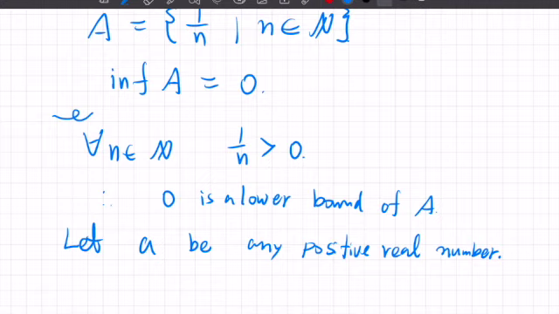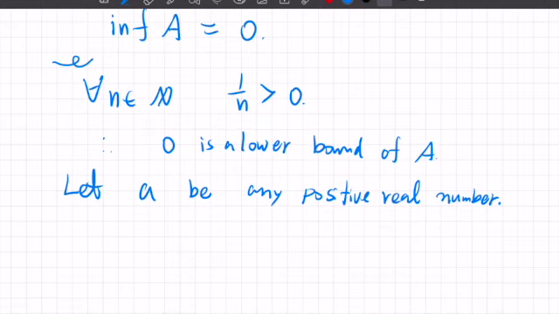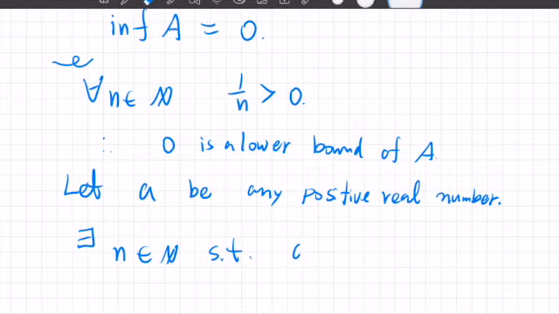By the previous corollary, we know that there exists a natural number n such that a is greater than 1 over n. We can choose such a natural number.